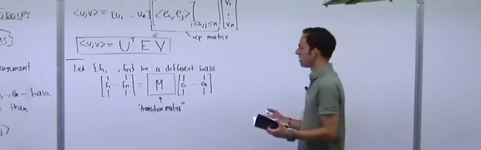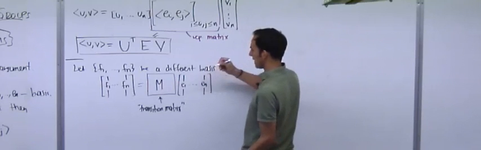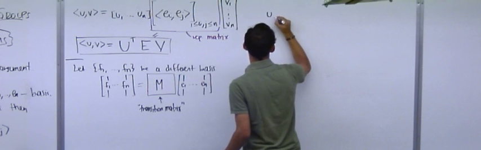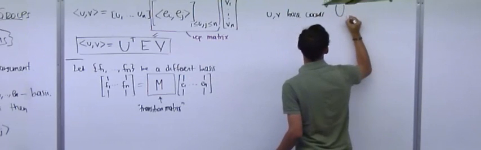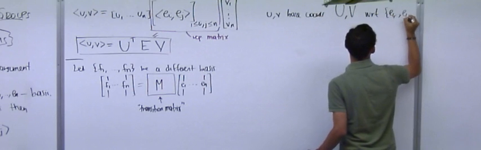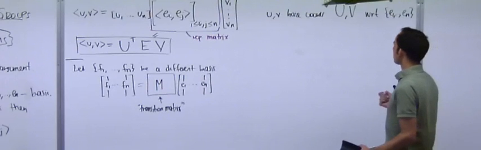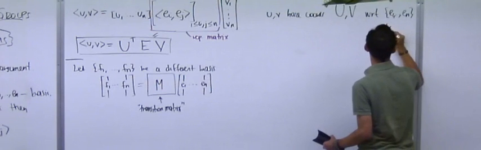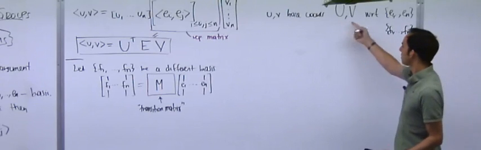Okay, so now let me tell you some basic facts about this. So first of all, u and v have coordinates U and V with respect to my first basis E1 up to En. That was by definition. Okay. So now I would like to know what the coordinates are with respect to the new basis. Of course, if I change bases, then my vectors are going to have different coordinates.